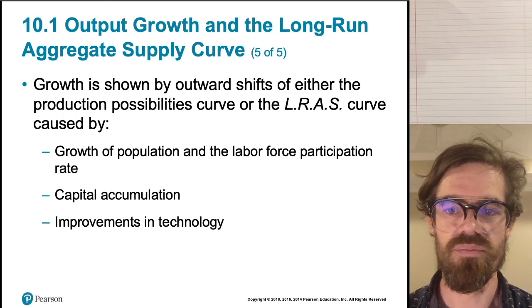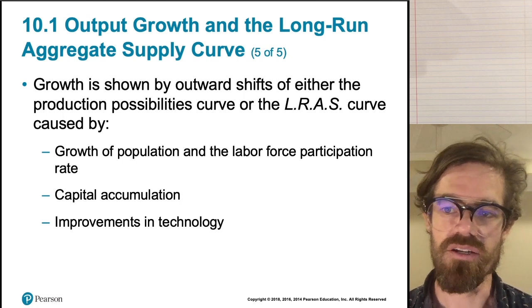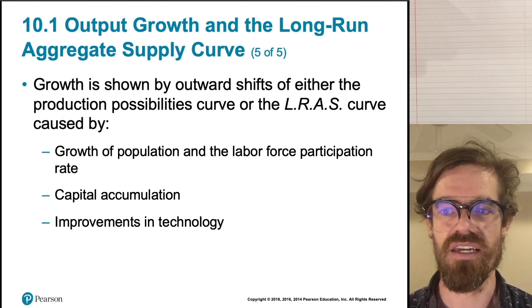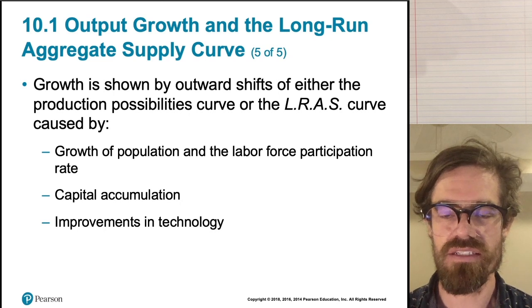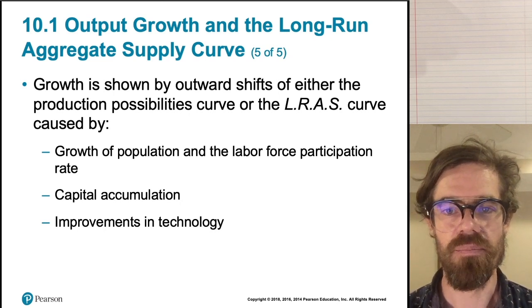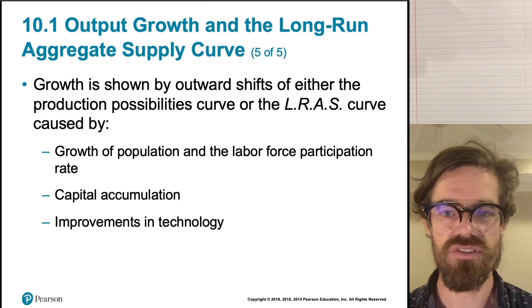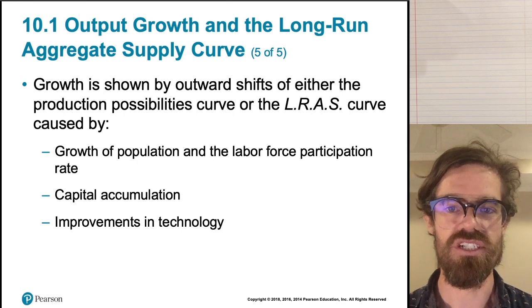Now, the growth could be coming from growth in the population. It could be coming from an increase in the labor force participation rate, so more people are getting out there and trying to find jobs. It could come from an increase in the stock of capital, so the amount of machinery and factories and equipment that we have.